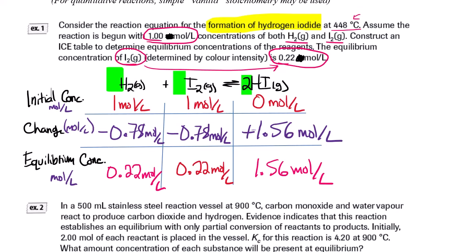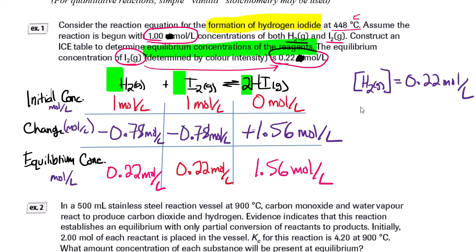So then I'm done. My job was to figure out the equilibrium concentration of the reagents. So to make it nice and clear what my answers are, I would say my equilibrium concentration, I can use my square bracket to represent concentration, of my hydrogen gas equals 0.22 moles per liter.